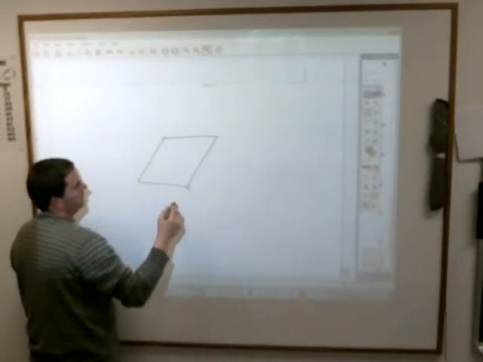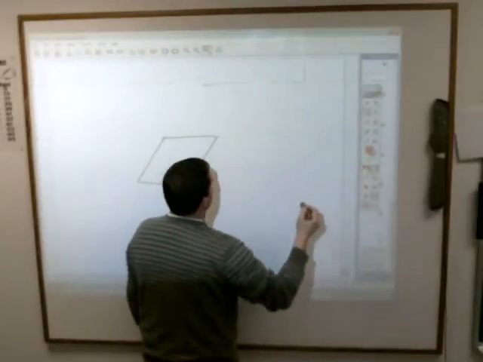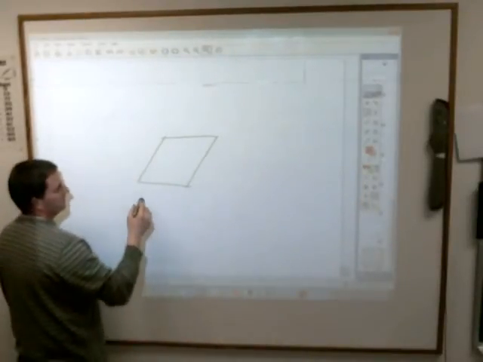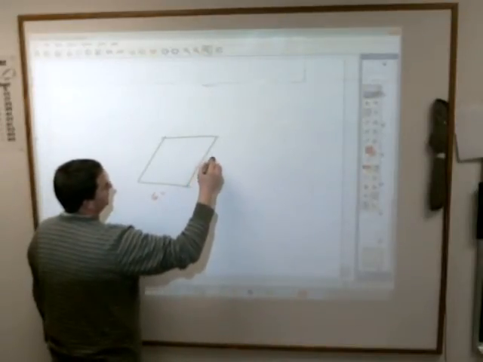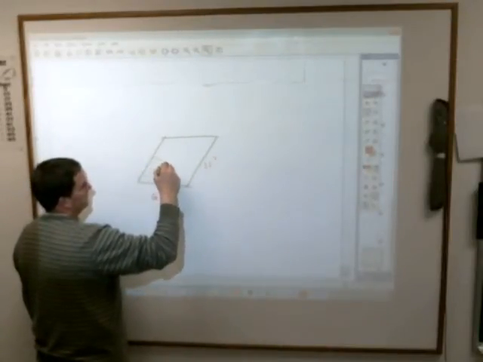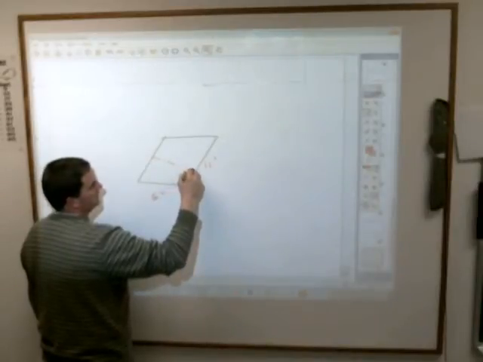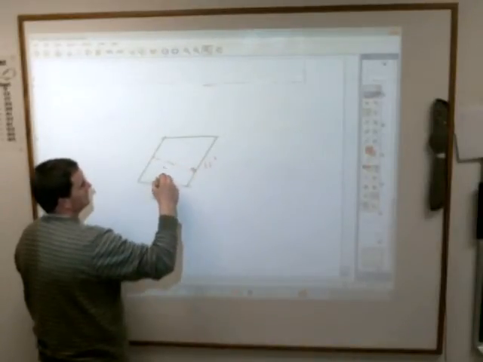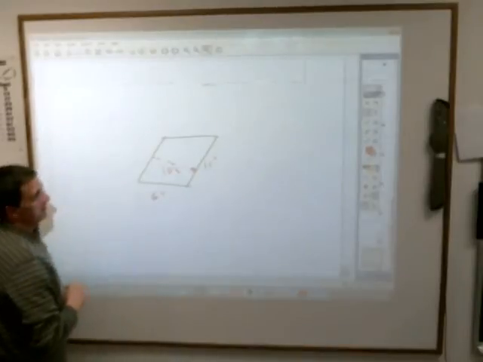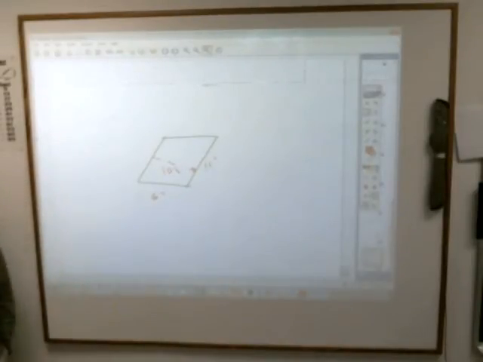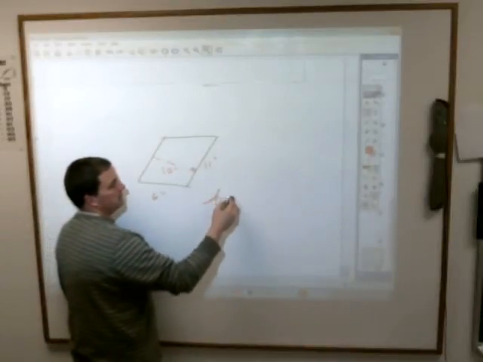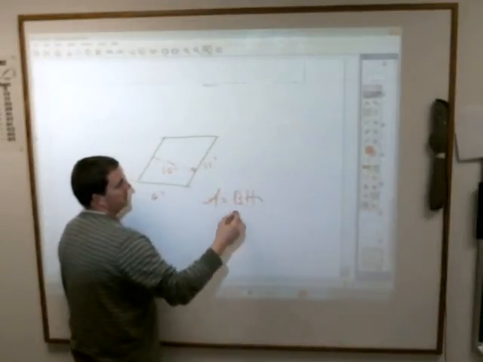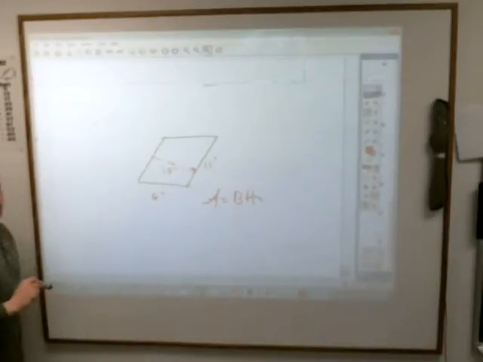So when you're given this shape, and they tell you that this is 6 inches and this is 11 inches, and there's a dash line with a square corner that says this is 10 inches, what two lines are the base and the height? Area equals base times height.